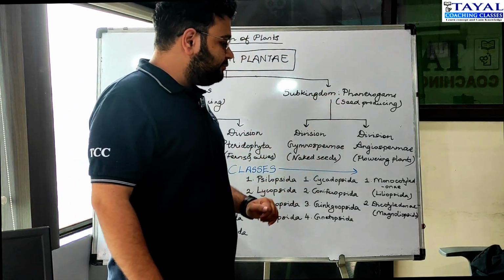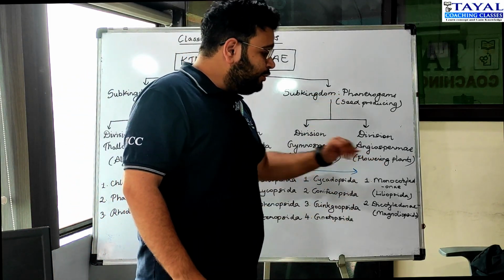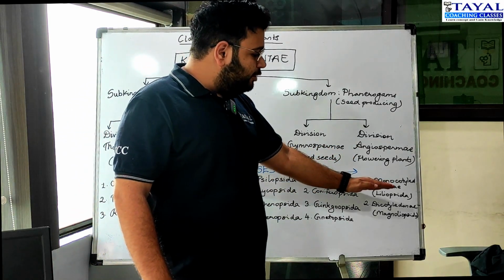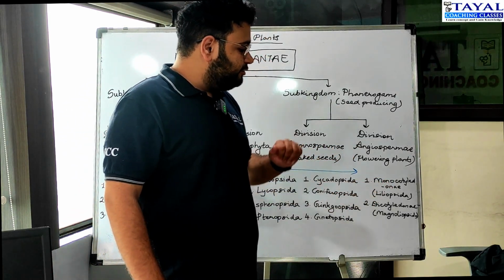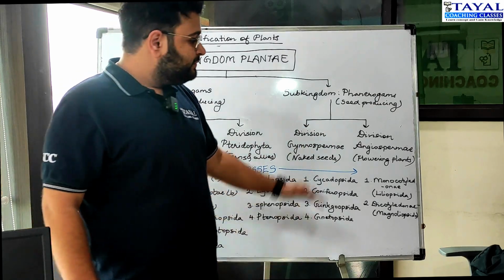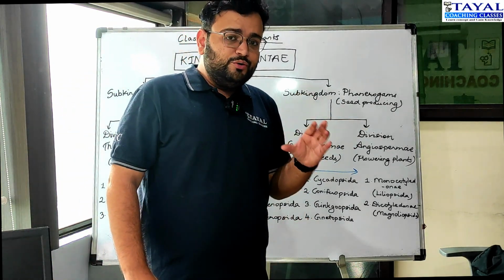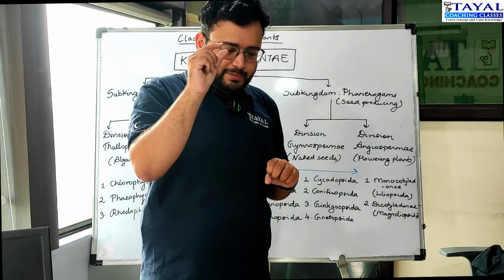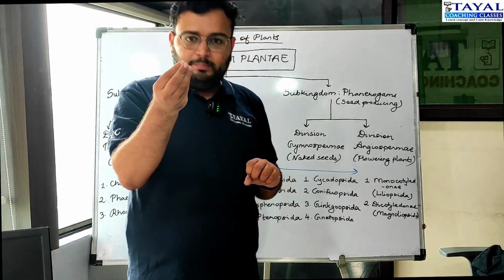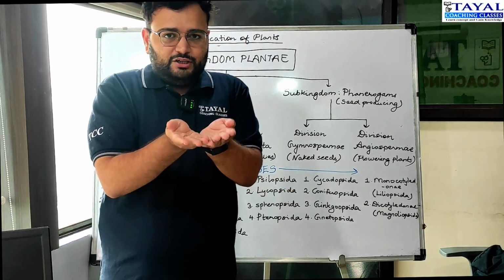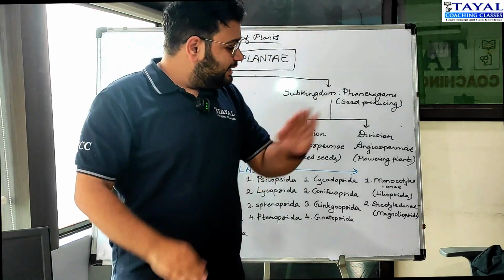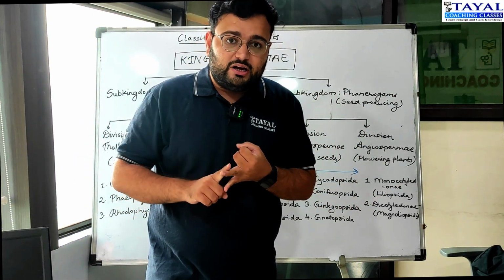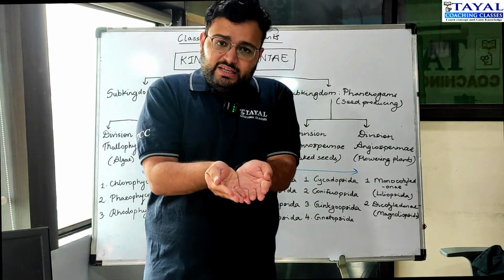The typical plants, common plants that we see around us belong to the Angiospermae. Now in the Angiospermae there are 2 classes, Monocotyledonae and Dicotyledonae. Monocotyledonae is also known as Liliopsida and Dicotyledonae is also known as Magnoliopsida. Now, if you take for example a groundnut, peanut, and you open it, you see 2 cotyledons in it, so that comes in the Dicotyledonae family. But if you take maize or bajra, can you split the seed into 2 equal halves?